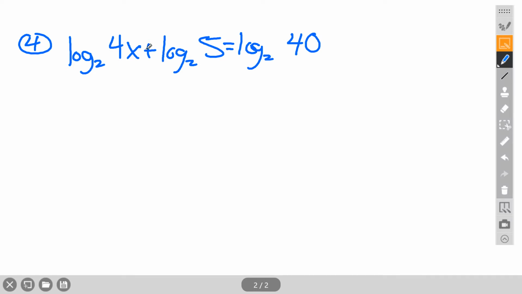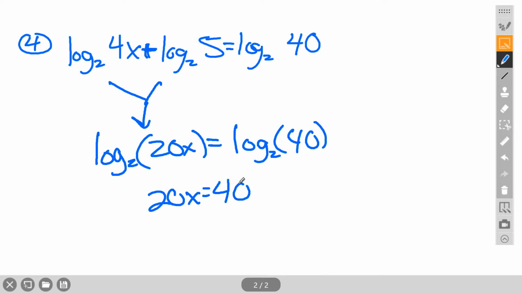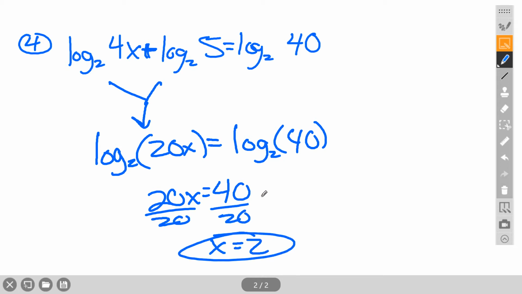Alright, so this is the product property because they're being added, which says we can combine them into a single logarithm with a base of 2, and we can multiply them together. 4x times 5, which is 20x, equals log base 2 of 40. They're both log base 2, so we can just set them equal to each other. 20x equals 40, and then solve for x by dividing by 20. So x is equal to 2.